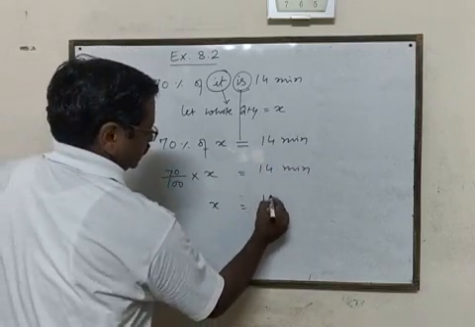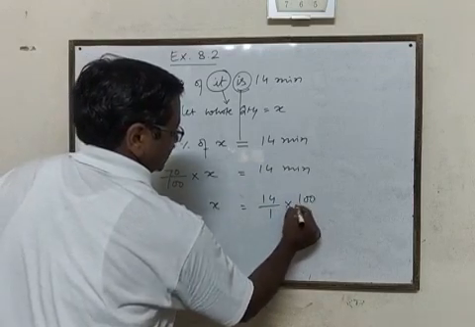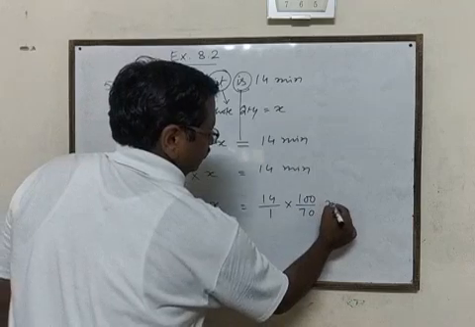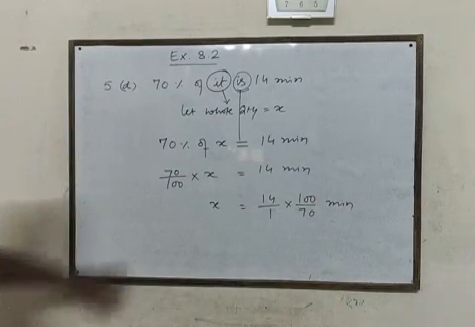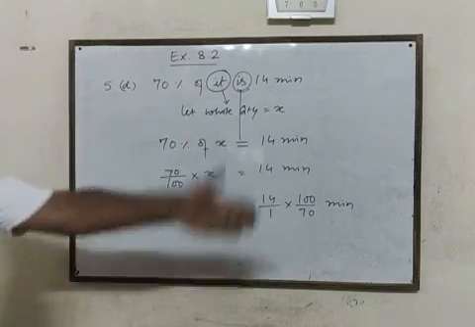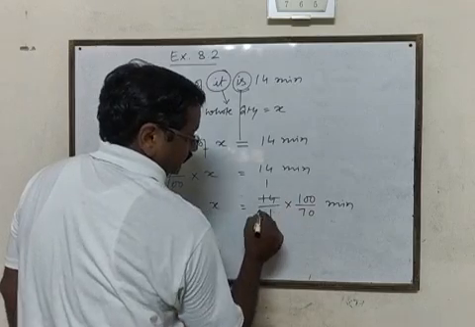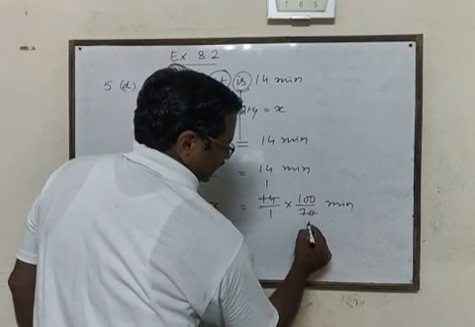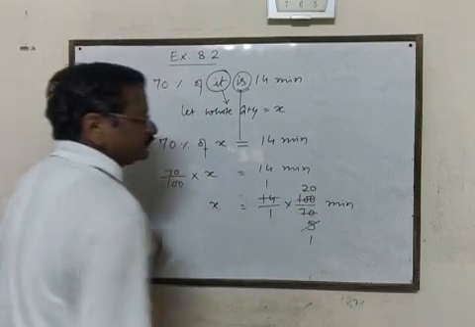X is equal to 14 upon 1 into 100 upon 70 minutes. 70 upon 100 will be shifted to that side, it will be 100 upon 70. 14 5 ja 70, 5 ja 5, 5 20.